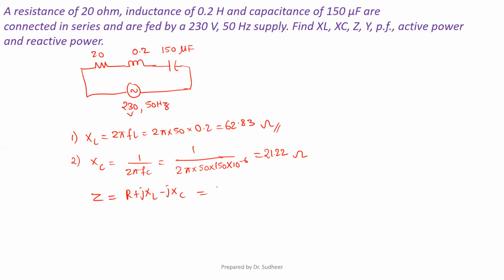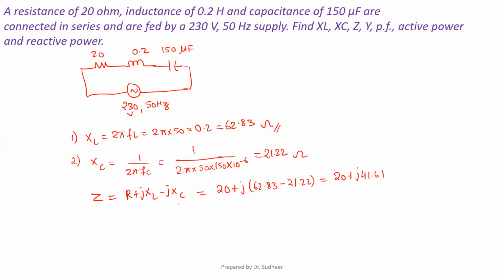So it is nothing but 20 plus j (62.83 minus 21.22), so it is 20 plus j 41.61.